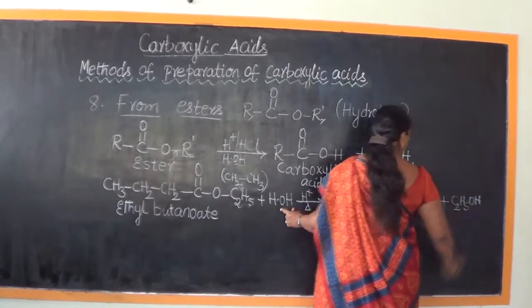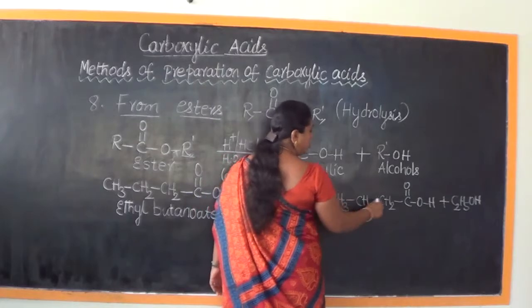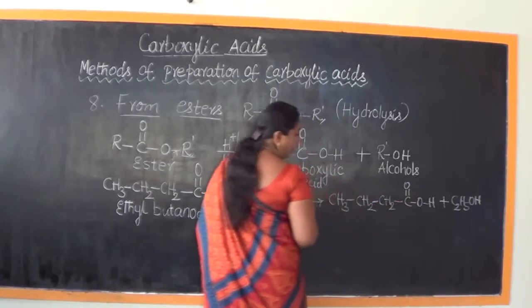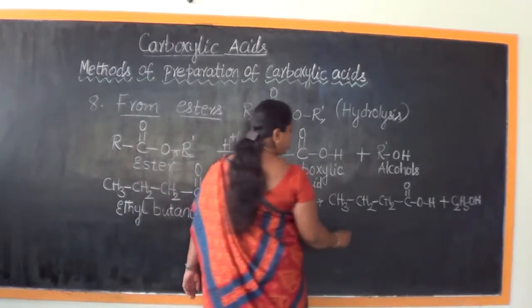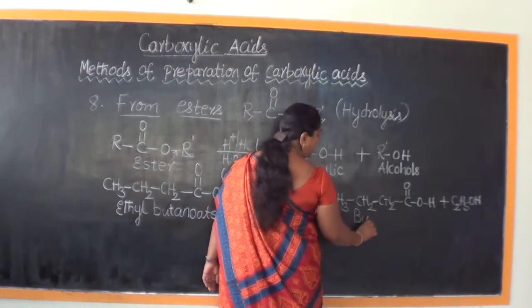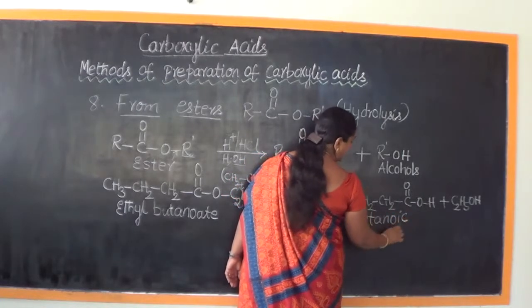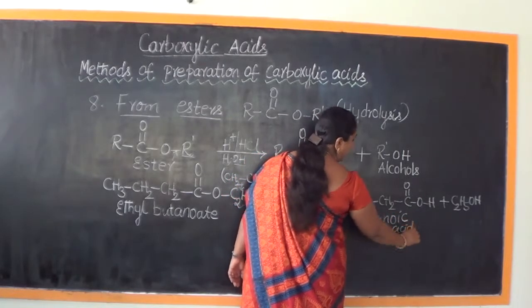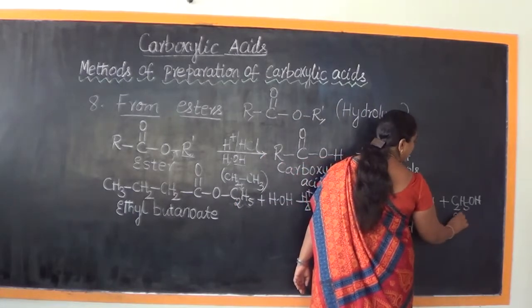C2H5OH. So what are the two products we got? A 1, 2, 3, 4 carbon atom containing carboxylic acid. So saturated, the name is going to be butanoic acid. Along with butanoic acid, what else did we get?